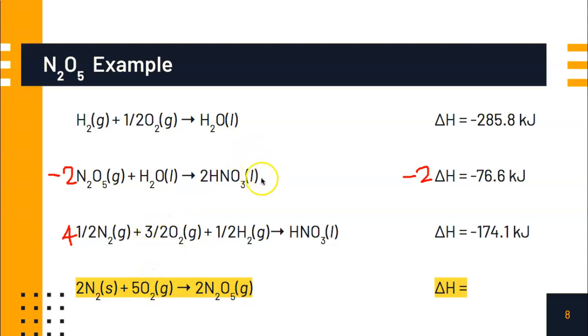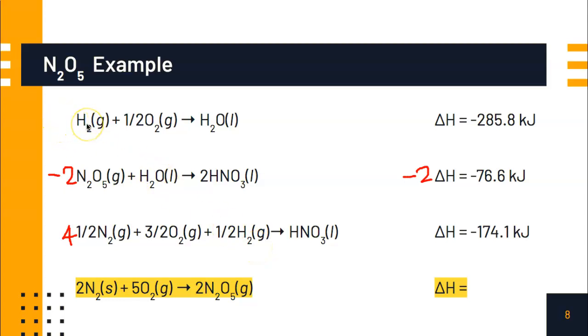I know that I'm reversing reaction number 2, so my nitric acid will cancel out, which means that I only need to be concerned now, really, about my hydrogen, which means I need to look back up at reaction 1 again. Here I'm multiplying this by a factor of 4, which means I'm going to have 2 diatomic hydrogens.